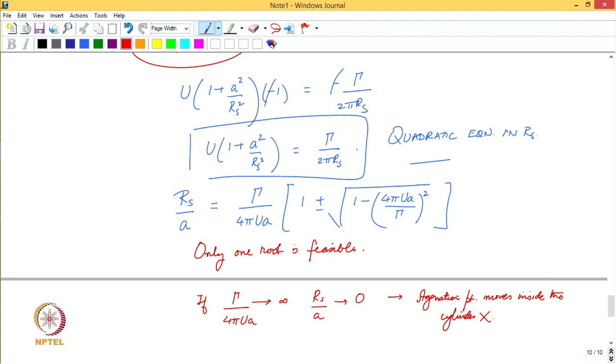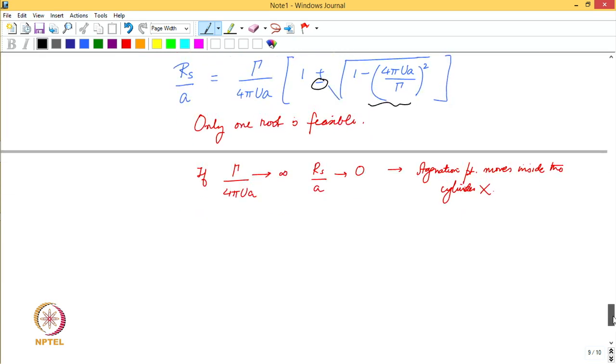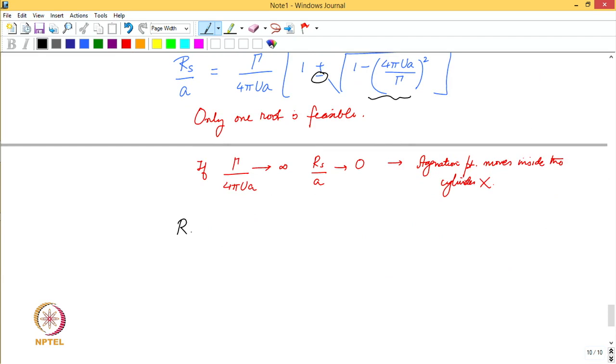So, this happens when you have a negative value inside, where when this number goes to 0, you will have 1 minus 1, which is 0. So, the value of Rs comes inside the cylinder. So, the only possible solution is Rs by a to be gamma by 4 pi ua times 1 plus square root of 1 minus (4 pi ua by gamma) square.